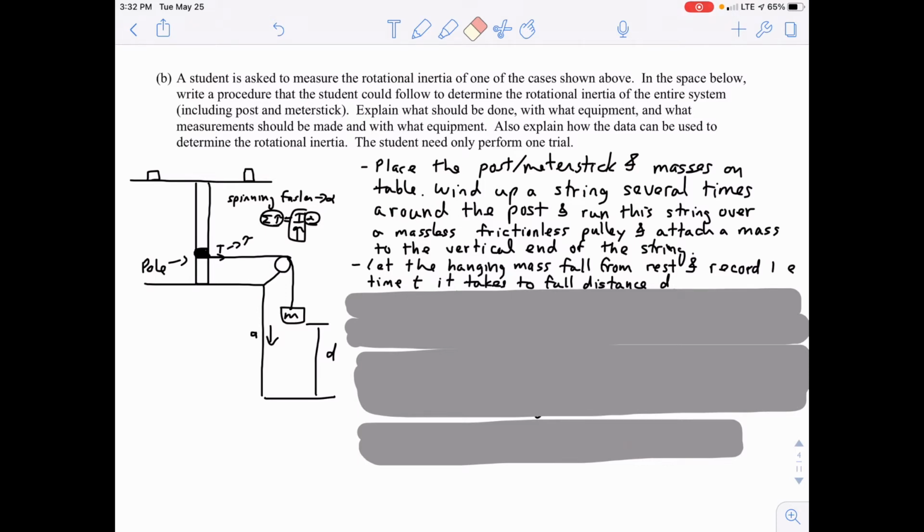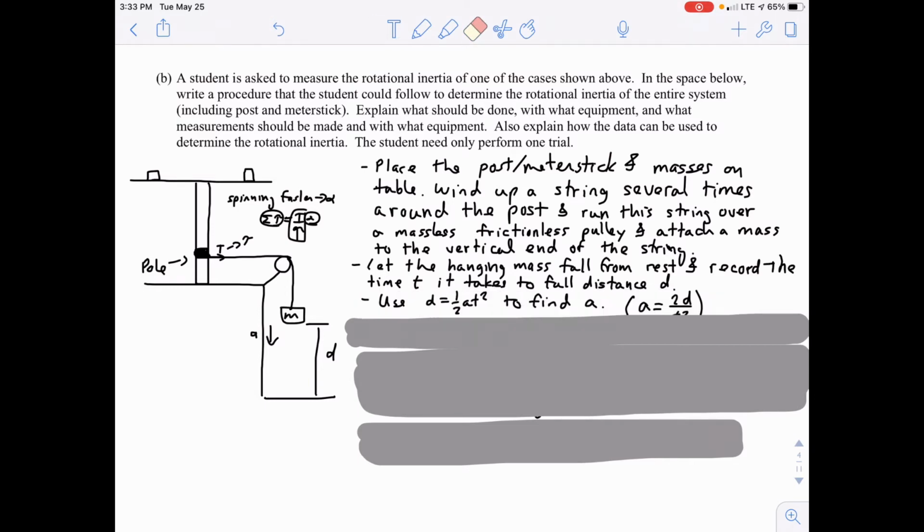Let the hanging mass fall from rest and record the time t it takes to fall distance d. Use the equation d equals 1/2 a t squared to find a. a would be 2 times the distance divided by the time squared. So clearly we need a stopwatch to measure the time it takes to fall and the distance it has fallen.